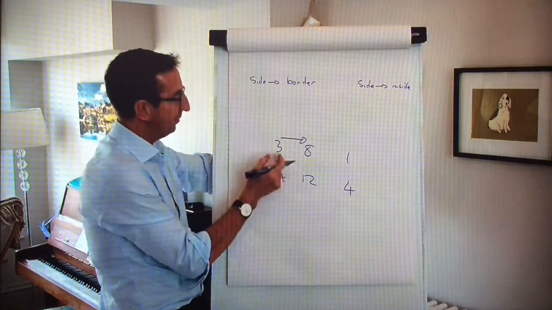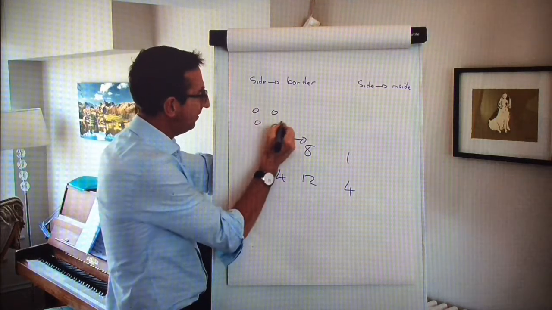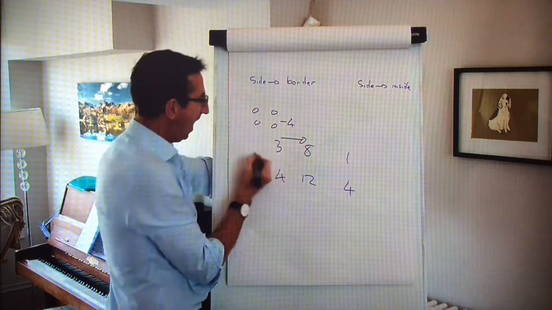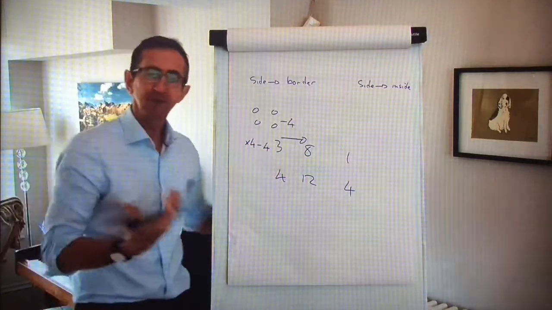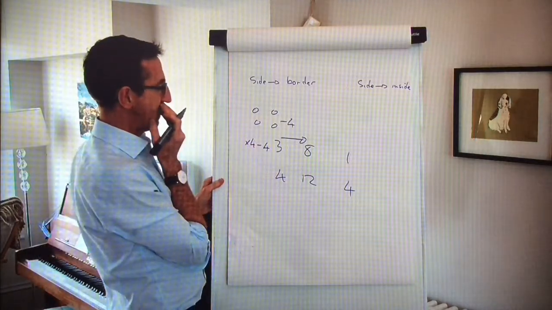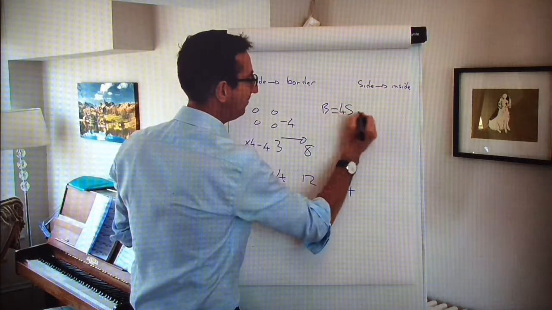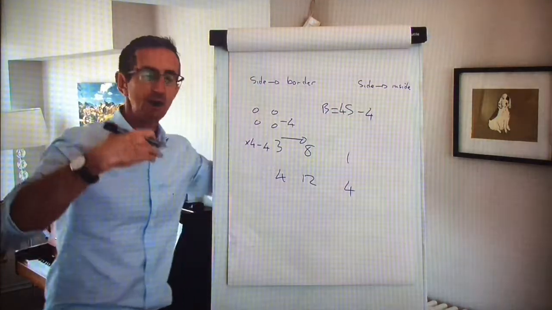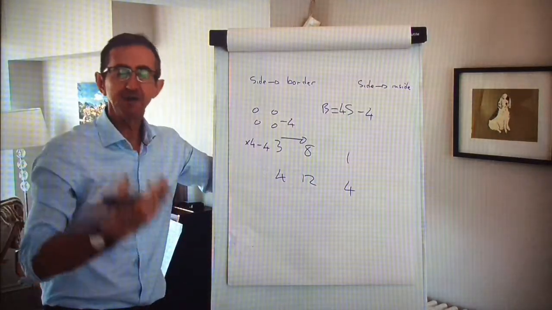And some pupils will quickly realise the idea about the side numbers that you've got to take away 4. So they'll say, oh, you just times by 4 and take away 4. And how they express that is very rich. So they can say, the border dots is equal to the side times 4 minus 4. There's hundreds of ways they can express that. And how they do it is very, very rich.